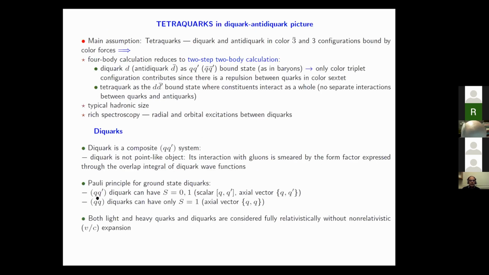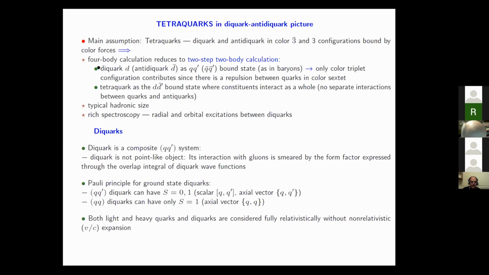In this talk, I will discuss tetraquarks in the diquark-antidiquark picture, and our main assumption will be that the tetraquark is a bound state of a diquark and an antidiquark, which are in color anti-triplet and color triplet configurations, and they are bound by the strong colored forces. Thus, we reduce a very complicated many-body relativistic problem to the solution of two significantly simpler two-body problems.